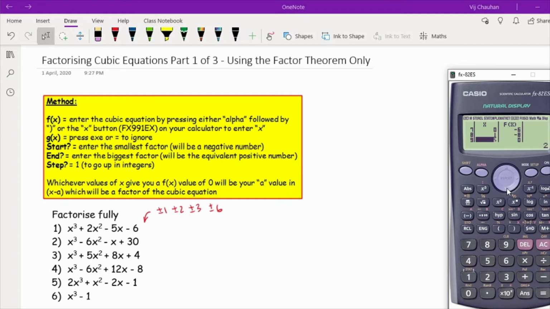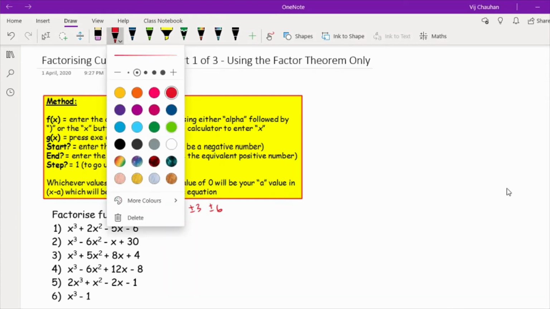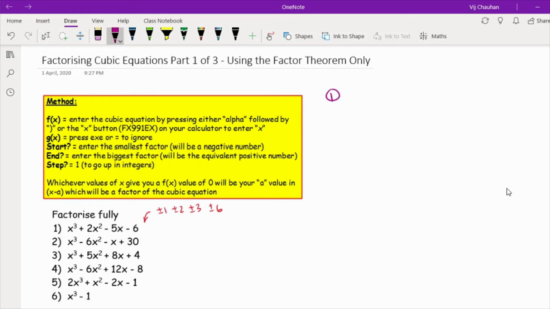So here, let's change the colour pen. For number 1, where it's equal to 0 is f of -1, f of 2, and f of -3, and all of those equal 0.